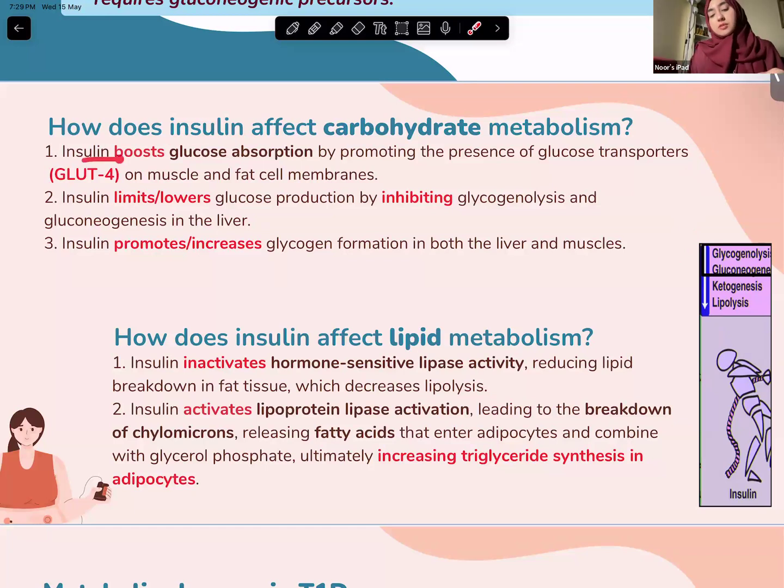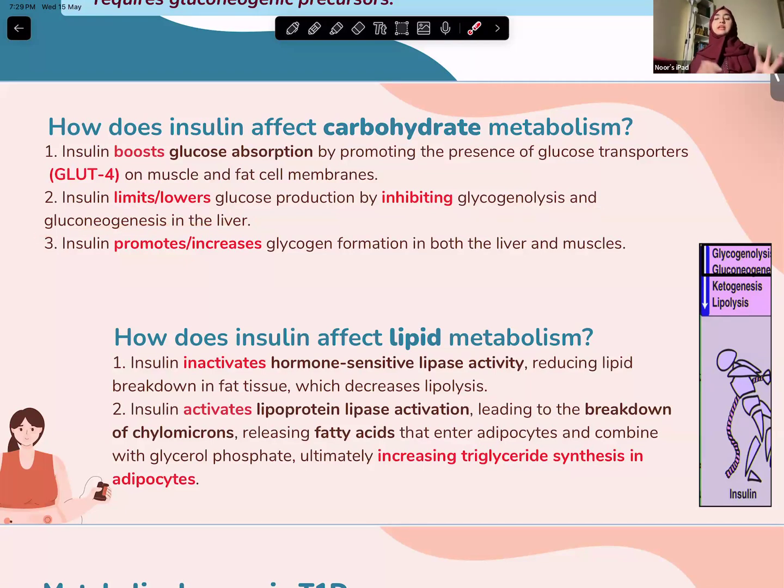Okay, so insulin boosts the glucose absorption by promoting the presence of glucose transporters on muscle and fat cell membranes. Okay, so like I said, it helps in glucose absorption, it helps in uptake of glucose. And then insulin limits or lowers the glucose production by inhibiting glycogenolysis and gluconeogenesis in the liver.